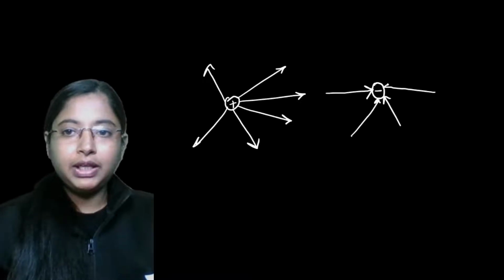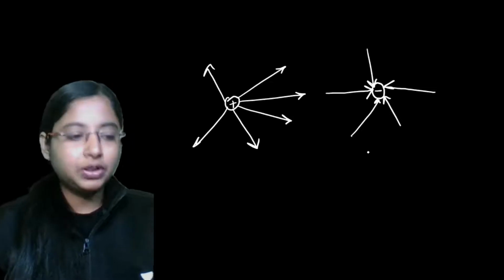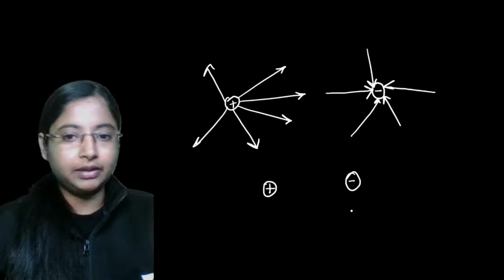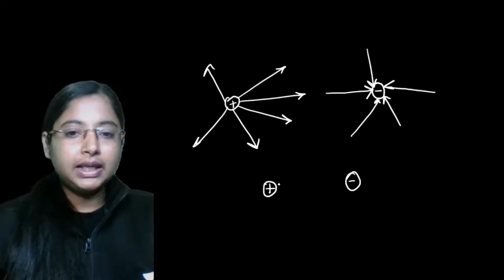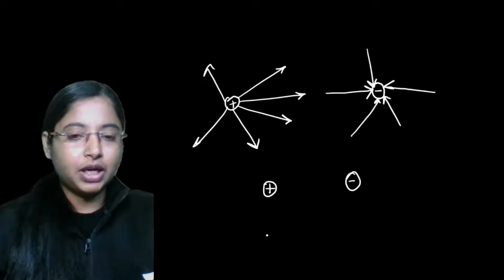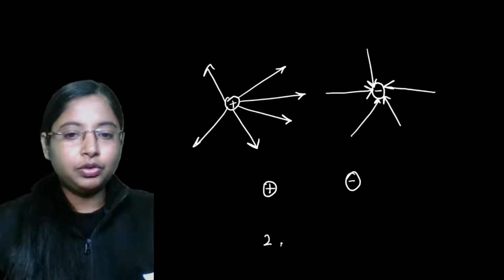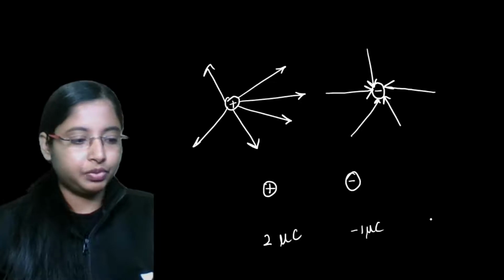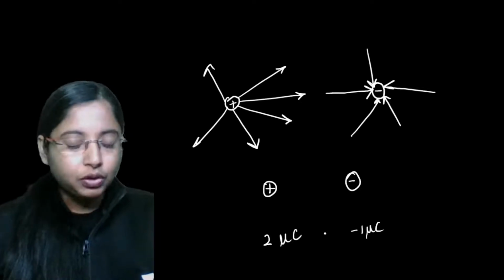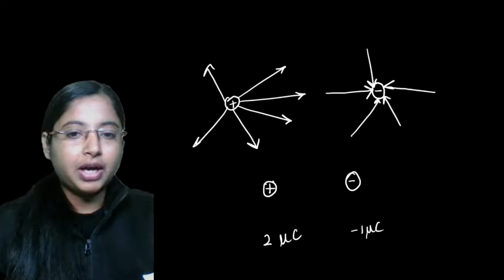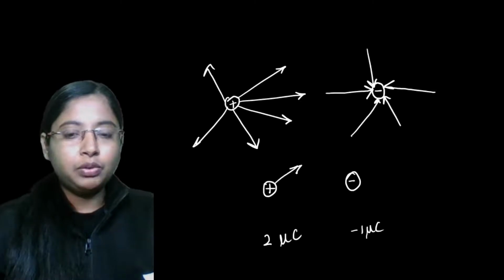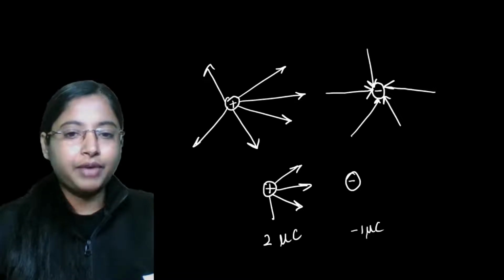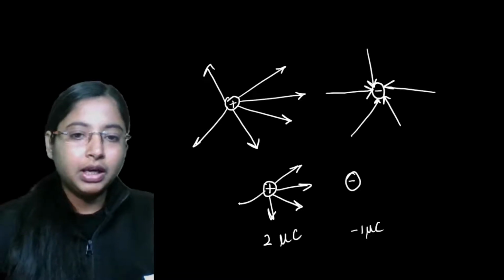Now if you are taking a positive and a negative charge, let's say the strength of this particular positive charge is somewhere around 2 microcoulombs, and let's say this is around -1 microcoulombs. For 2 microcoulombs, as an example, let's say this charge has around 100 field lines.